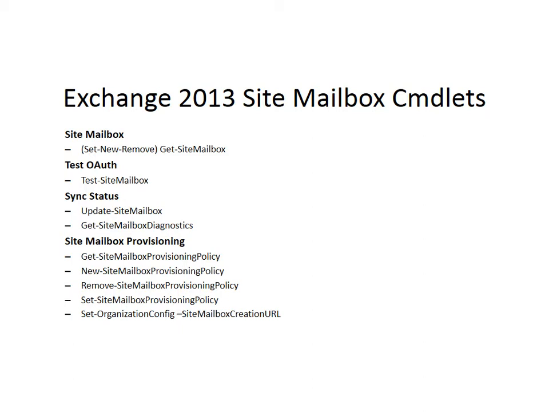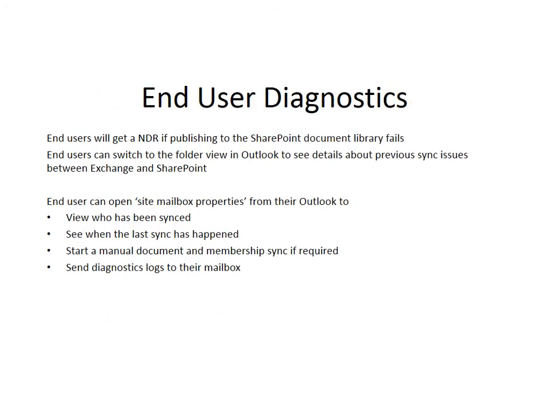Of course, it's not just the admins doing the troubleshooting. Sometimes on the user side we have options as well to diagnose the problems. The user can use sync logs for errors. They can use site mailbox properties from their Outlook to view which members are synced. They can see when the last sync was or if it happened successfully or not.